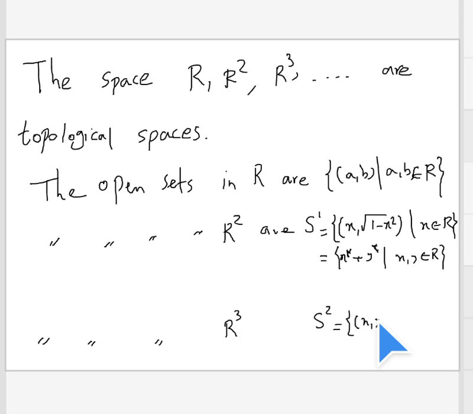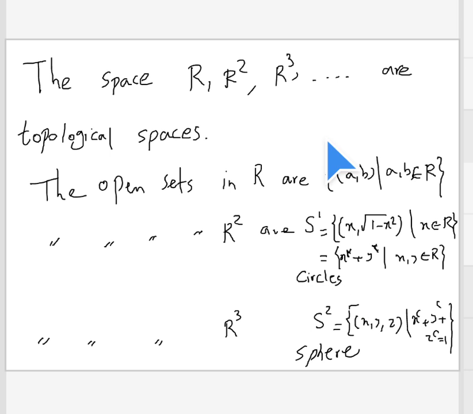I write (x, y, z) such that x squared plus y squared plus z squared is 1. A sphere, in Persian kore. A sphere, circles, interval, open interval.